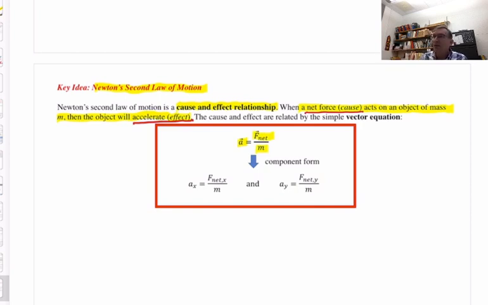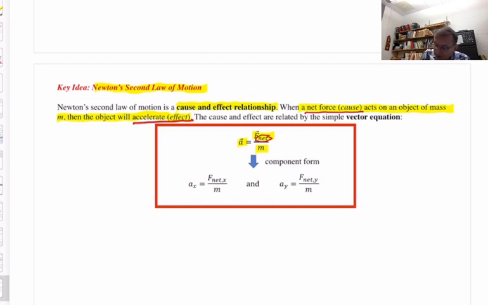Very simple algebraically, but conceptually can get very subtle, or at least things can be overlooked. For example, the subscript on the F, net. It must be the total force acting on a particle, and that means vector addition because forces are vectors. So we're going to have to add vectors like we studied in chapter 3 by components.